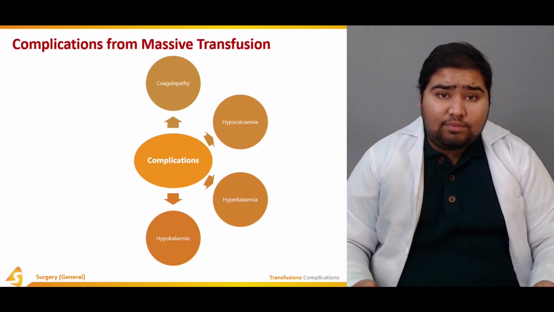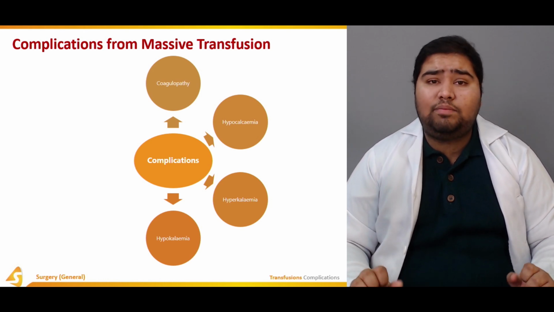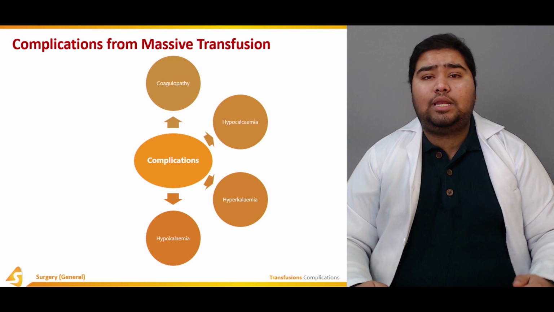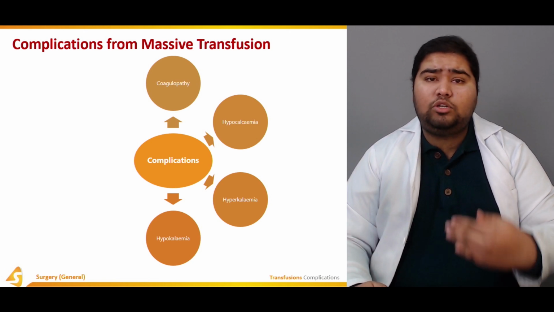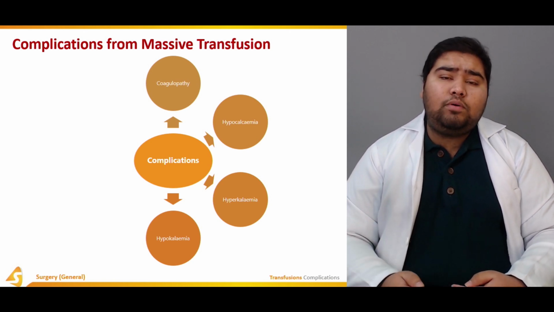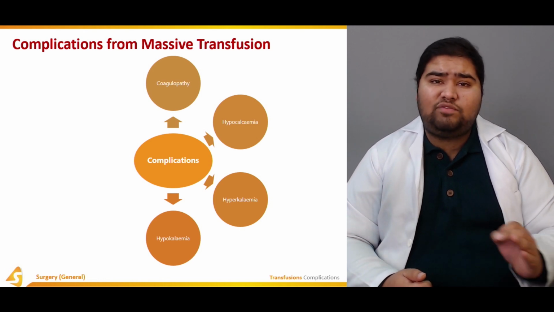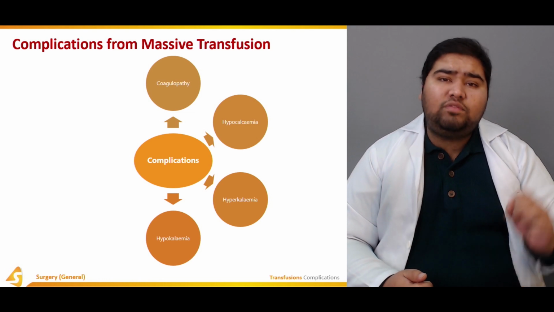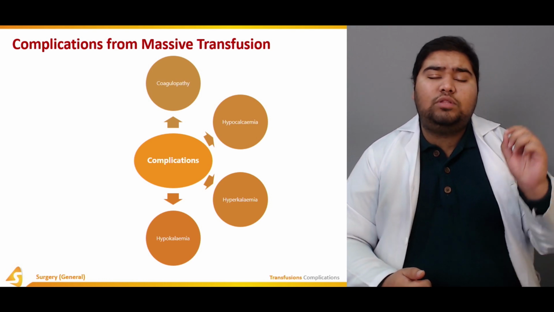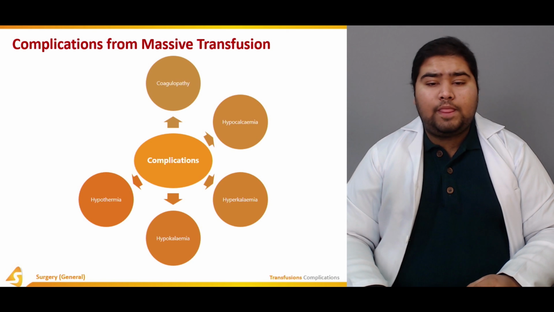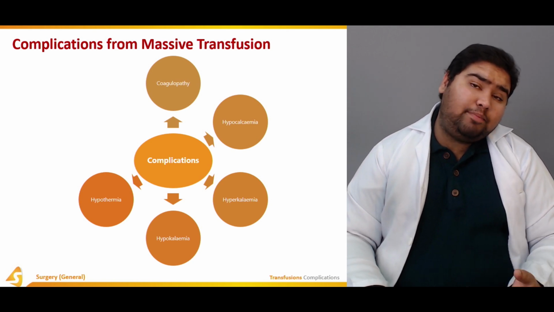Again, the details of which are very extensive and are covered in metabolism and cannot be taken up at this point in time. However, what you need to remember is hypo and hyperkalemia, both of which can develop with massive transfusions, and both of them affect the heart, so they can cause arrhythmias.